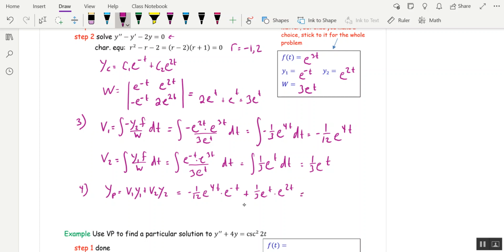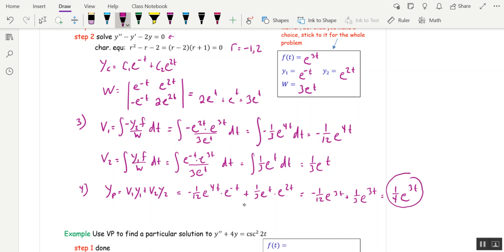Okay, so each of these is going to simplify to e to the 3t. So I'll have minus 1/12 e to the 3t plus 1/3 e to the 3t. And when I simplify that, I get positive 1/4 e to the 3t. That's my yp. That's a particular solution.